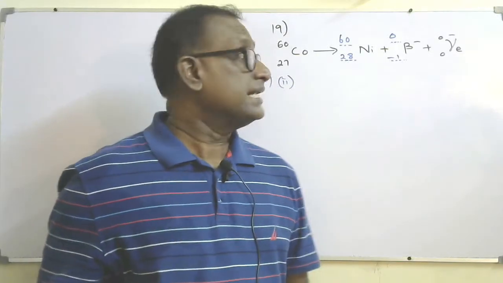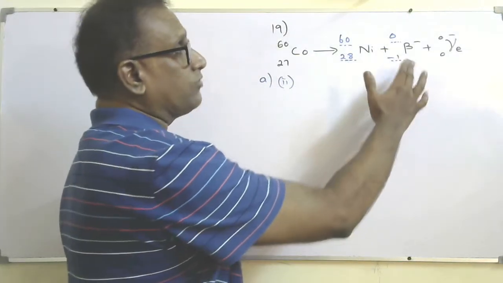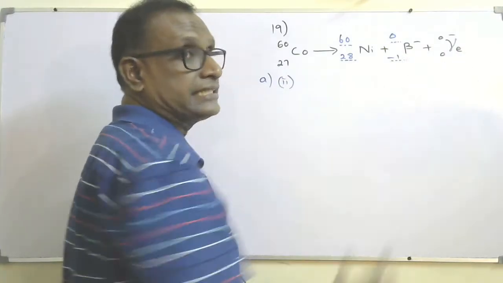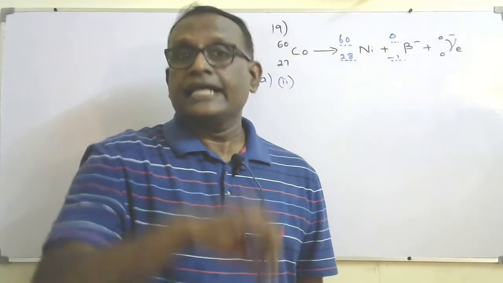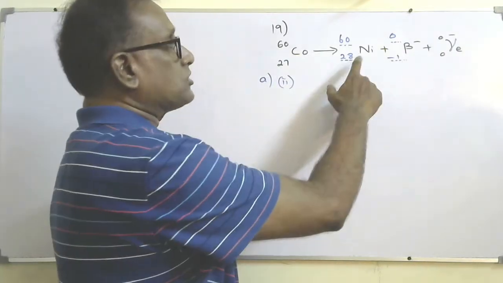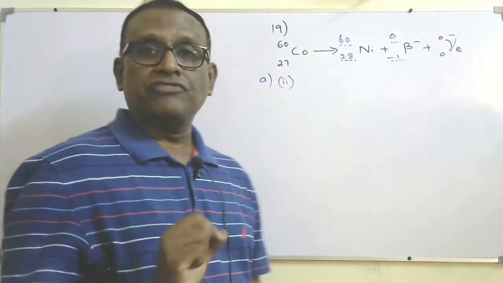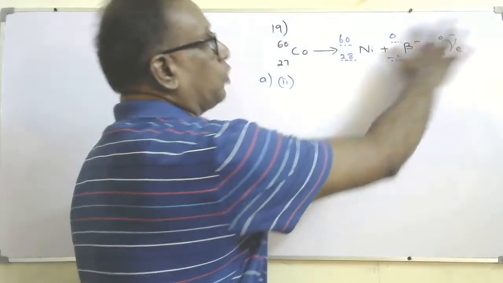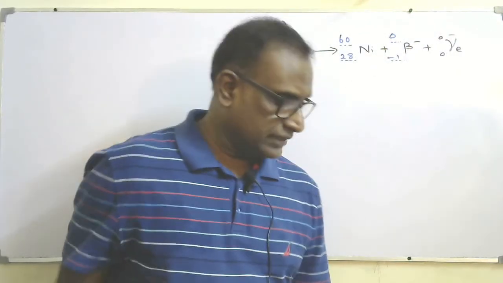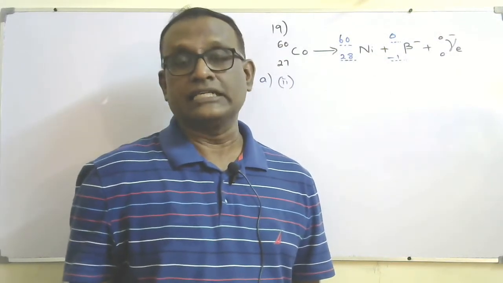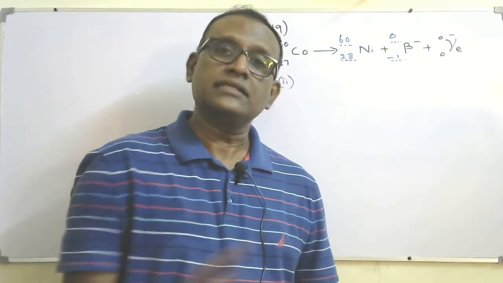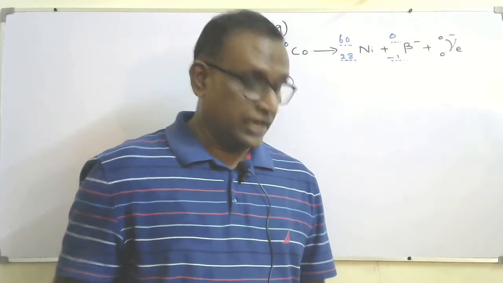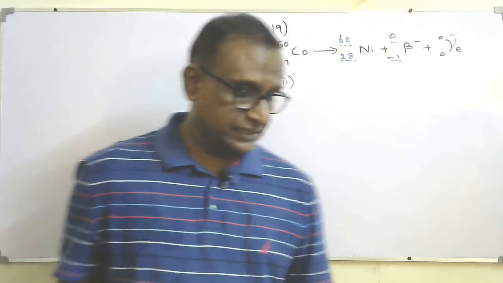So we can say since the total mass of beta minus and anti-electron neutrino is much smaller than the mass of the nickel, therefore most of the energy will be given to both, right? That is enough for this part. You have to answer in terms of mass. Lower the mass, higher the energy they will have during this type of nuclear reaction.